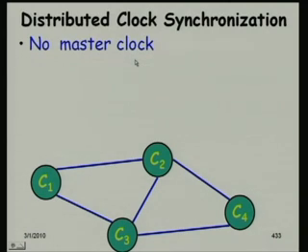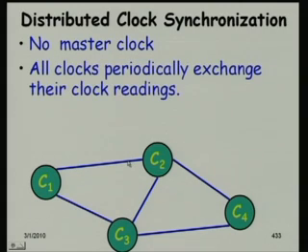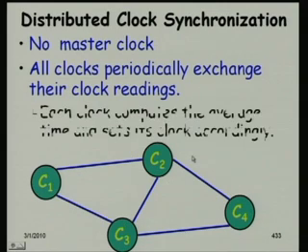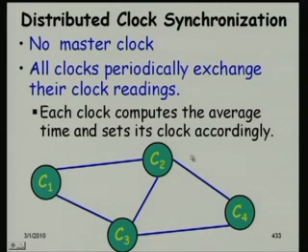Here, as we were saying, there is no master clock. All the clocks exchange their time values, and each clock computes the average of the time values and then sets its clock accordingly.